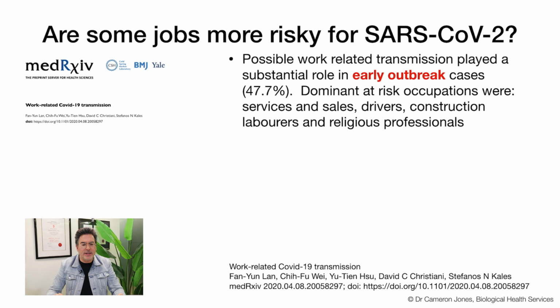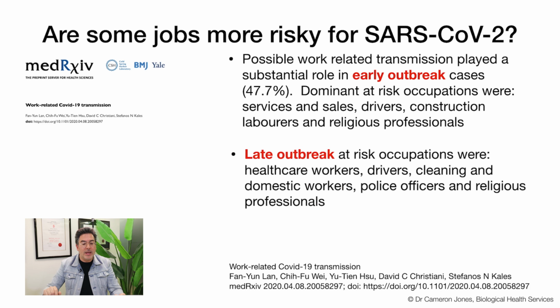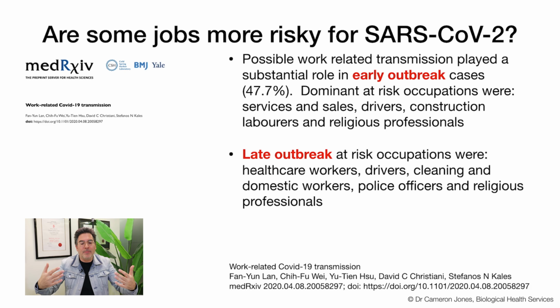And the dominant at-risk occupations were service and sales, drivers, construction workers, and religious professionals. And in the later outbreak stage, the at-risk occupations were healthcare workers, drivers, cleaning personnel, and domestic workers, police officers, and religious personnel.